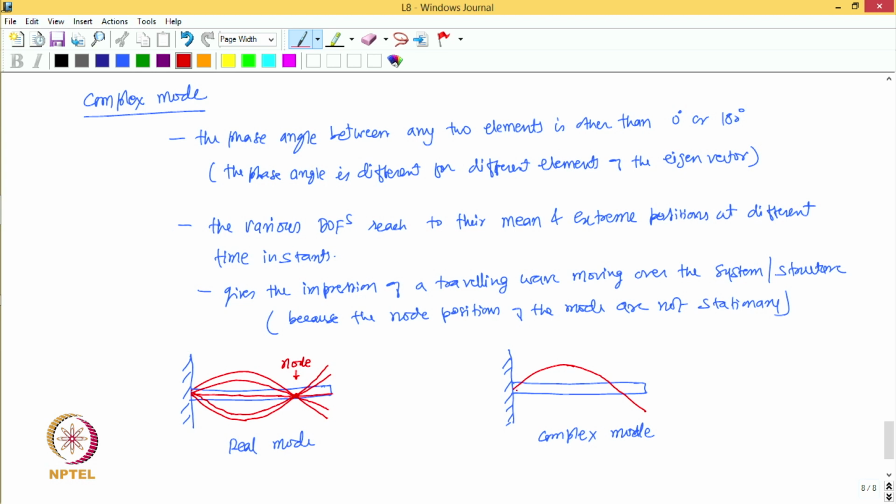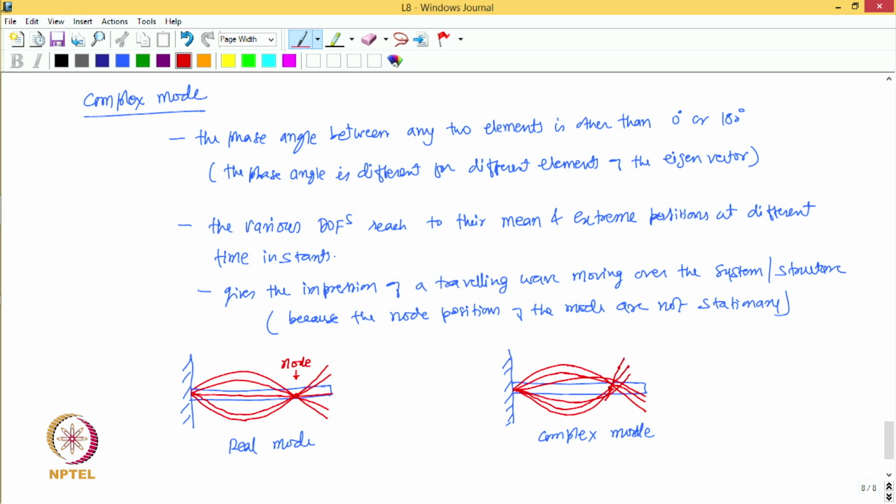And when the motion under this mode progresses, it may be like this and like this, something like this.